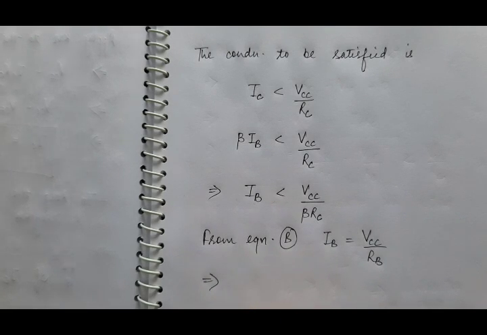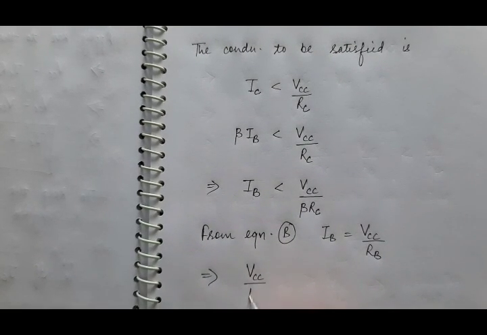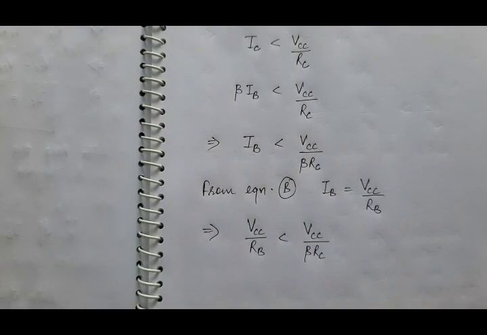This implies VCC by RB must be less than VCC by beta RC. VCC and VCC will be cancelled out, and after taking the reciprocal, you get that RB must be greater than beta RC.